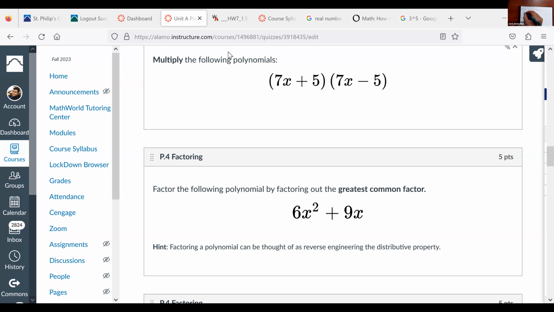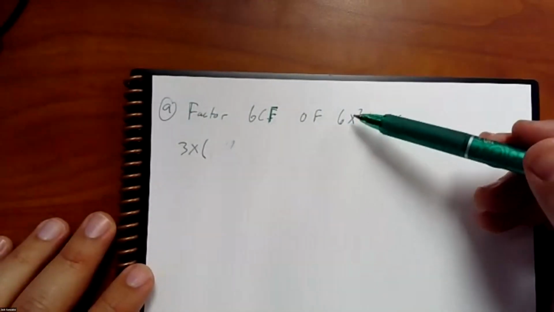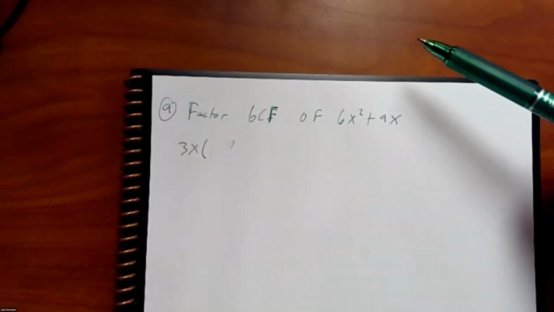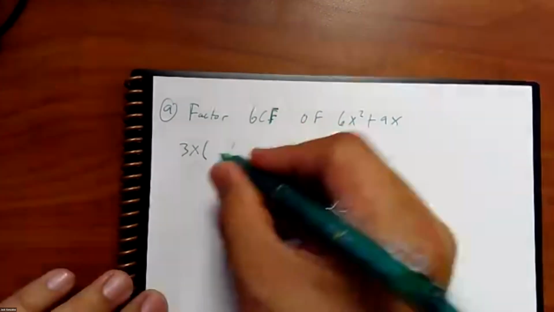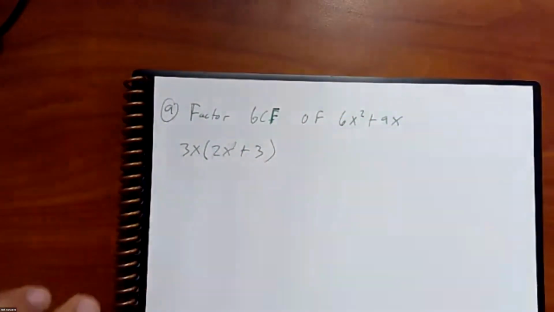So factor out 3x. 3x is the biggest factor that goes into both, right? So GCF is the greatest common factor. So factor it out, and you will get 2x plus 3.